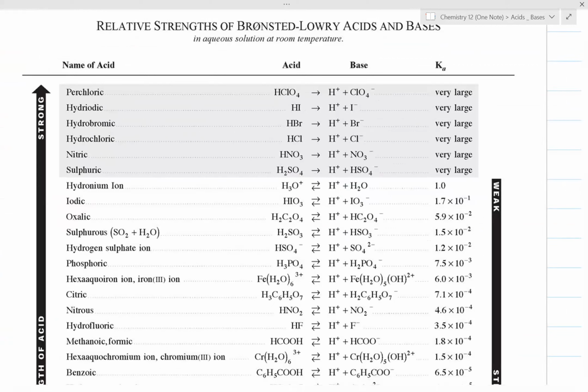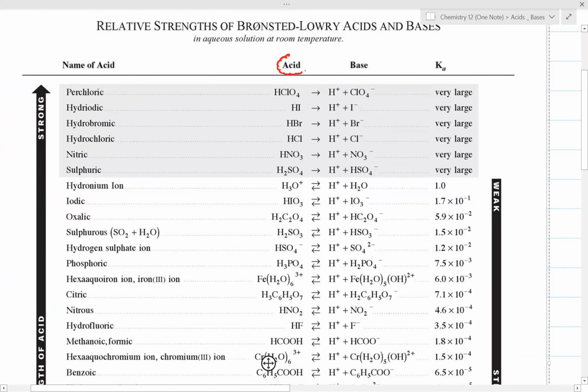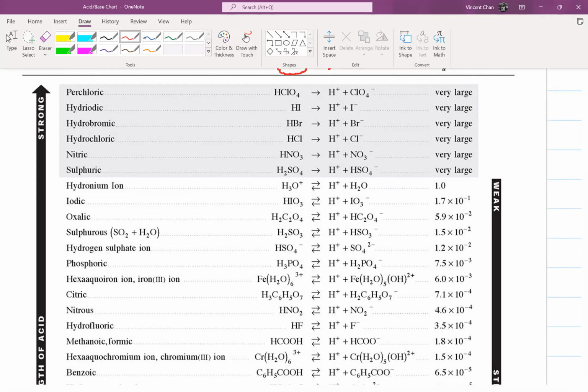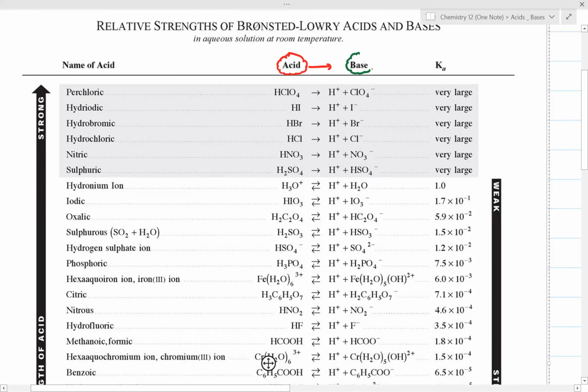All the substances down the left-hand side, these are acids, because when you're reading from left to right, you are producing a proton. All the substances down the right-hand side are bases, because if you read from right to left, what you are doing is accepting a proton.